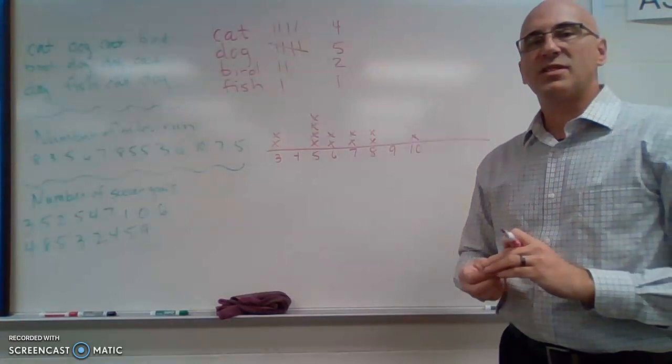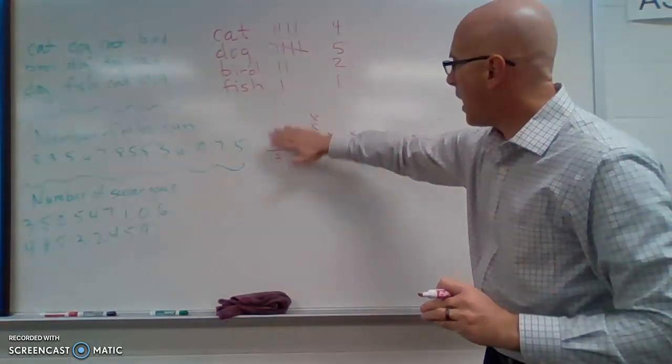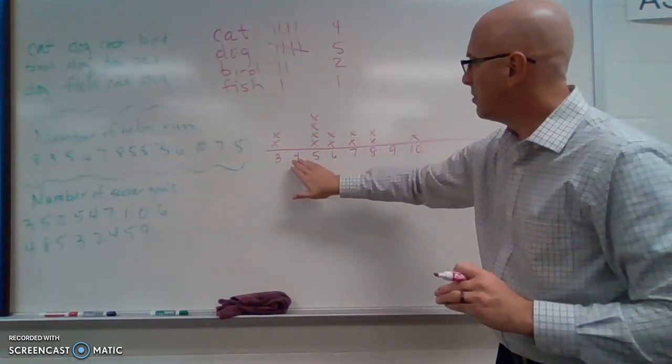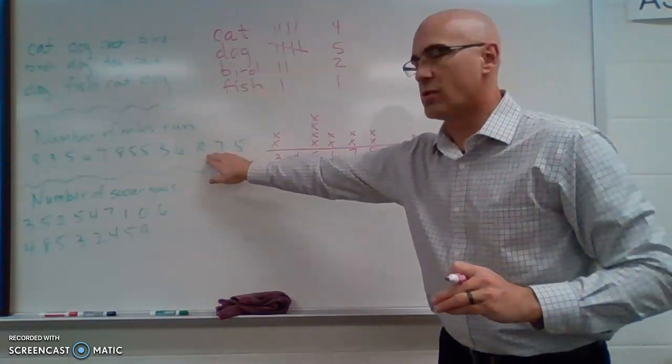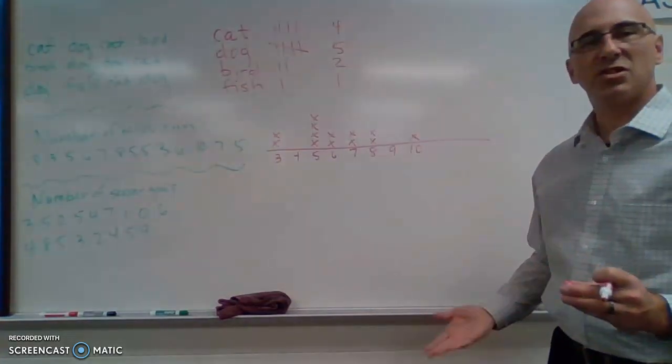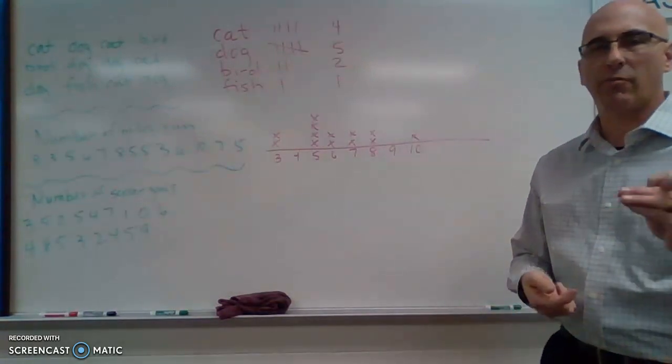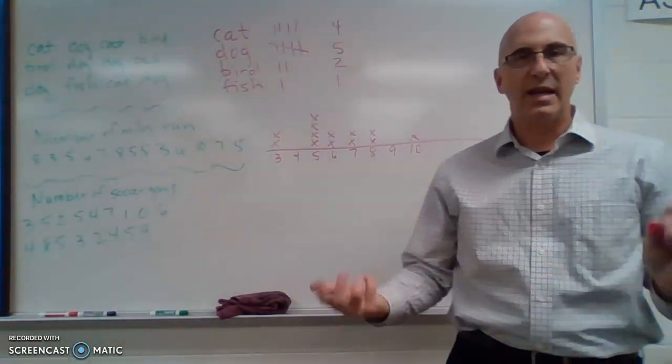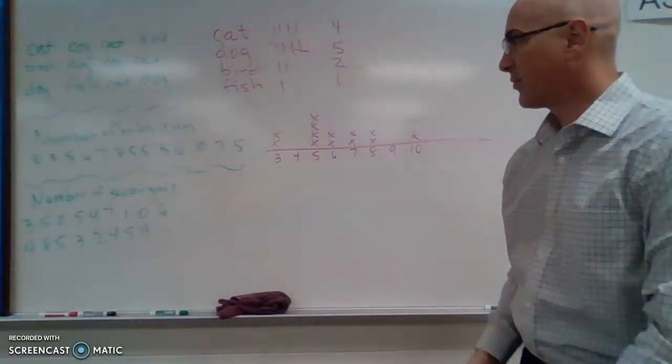So we can see how many at each number students reported. We can just see at a quick glance. That's the great part about representing data. We want to be able to see it easily and accurately.